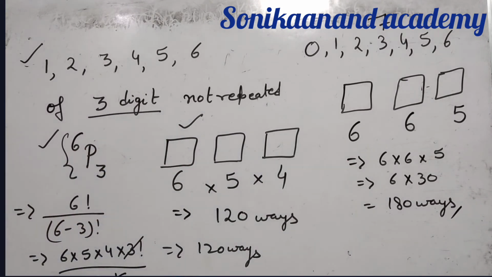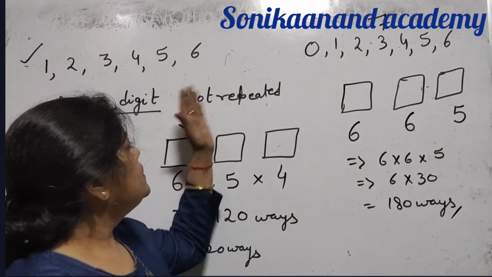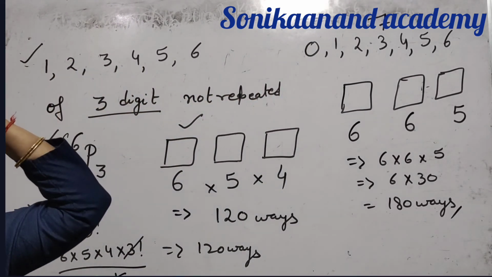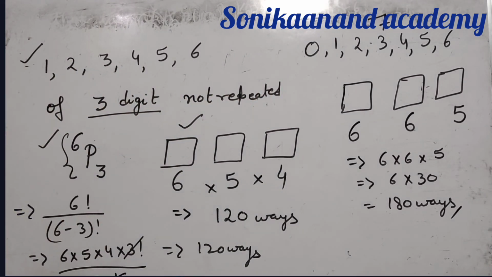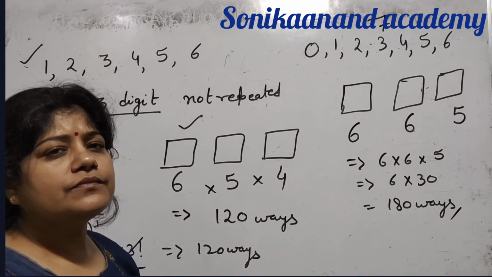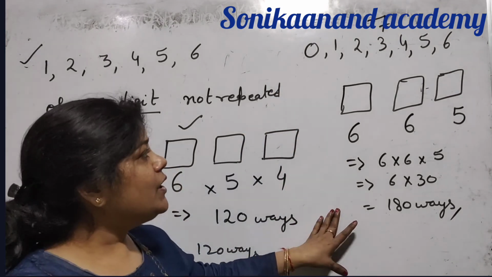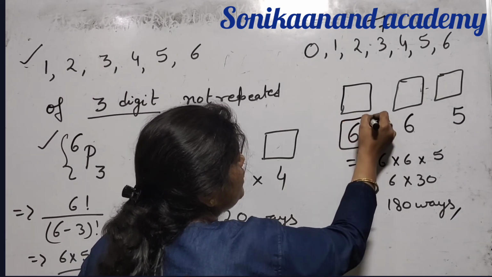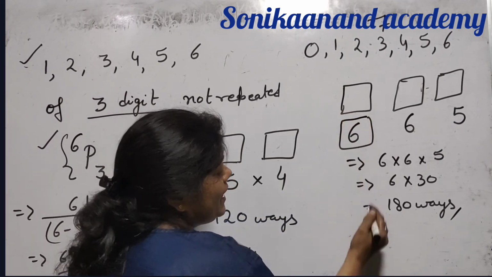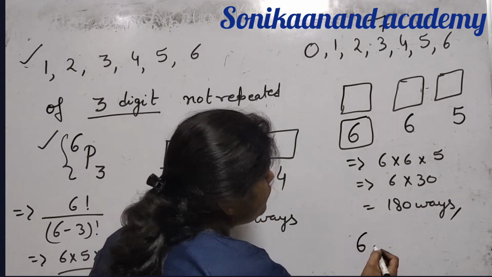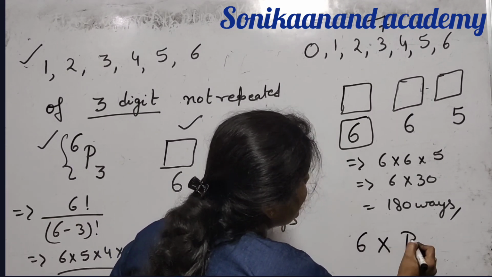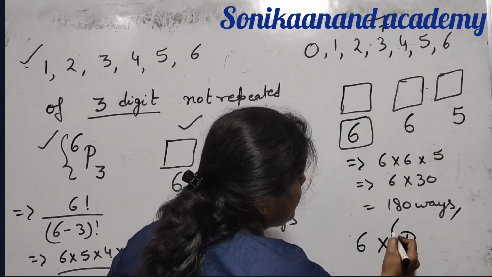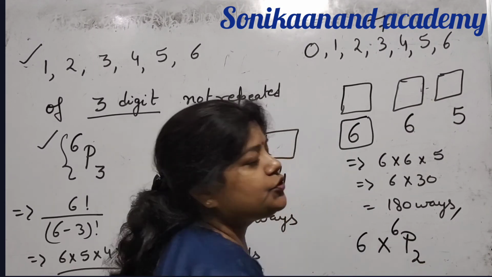In this way, we solve these types of questions when 0 is included and when 0 is not included. And with the help of the formula, how can you solve this? In the first place, you don't have to fill 0, so we write 6. And for the second place, we have 6 digits left and we have to fill 2 places, so we write 6P2.